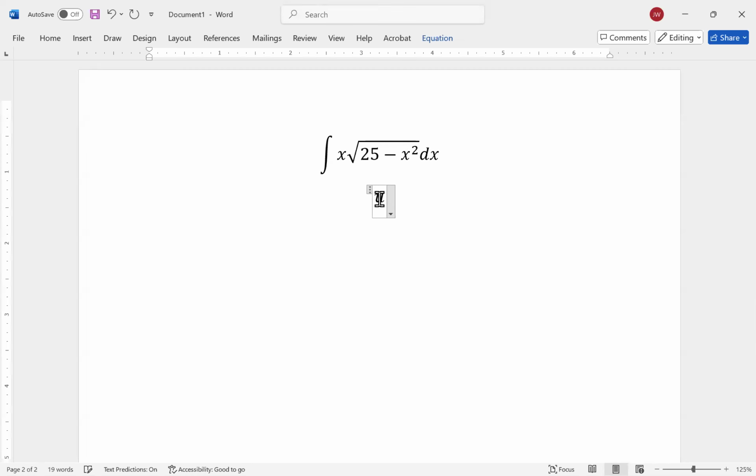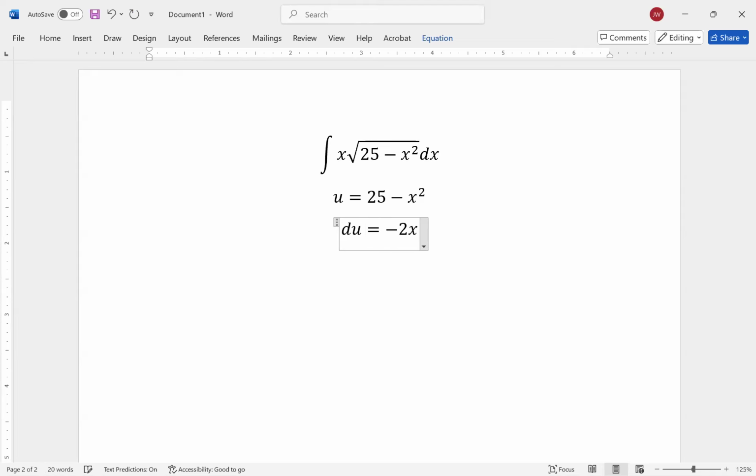So on this one, I would have let u be equal to 25 minus x squared, and then my derivative of u with respect to x would have been negative 2x. So if I multiply both sides by dx, it's not quite as simple as that.